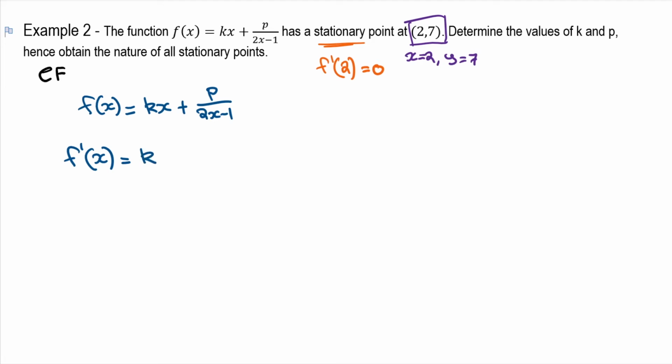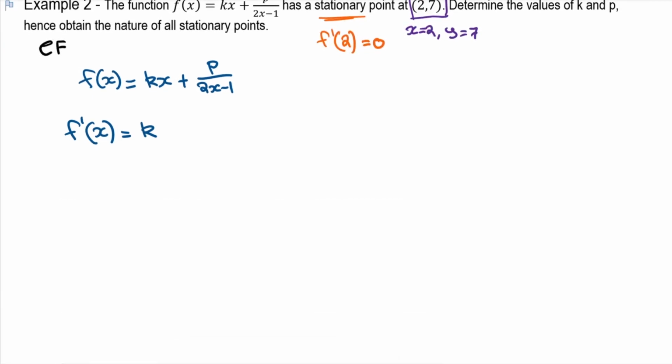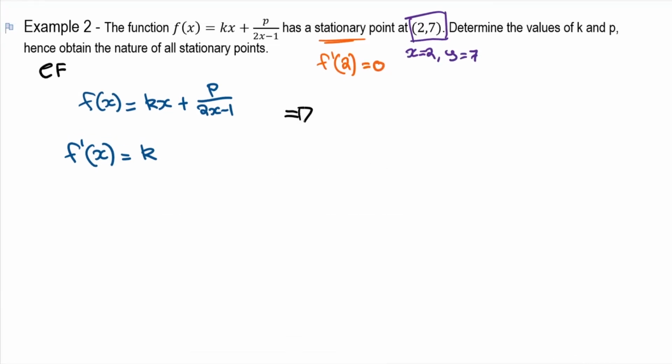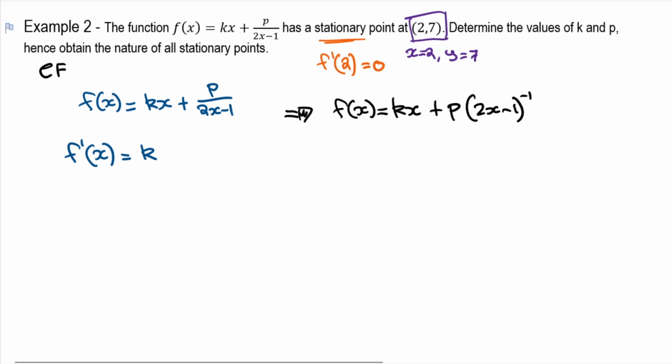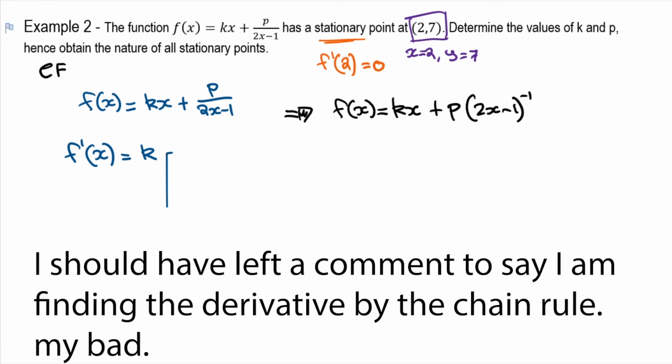Now, because I'm a bit of a goose here, I will elaborate this a little bit more clearly. This function is kx plus p outside of 2x minus 1 to the power of negative 1, just using our index laws there. So if we were to differentiate this, negative 1 comes down, so I'm going to have a minus p there.